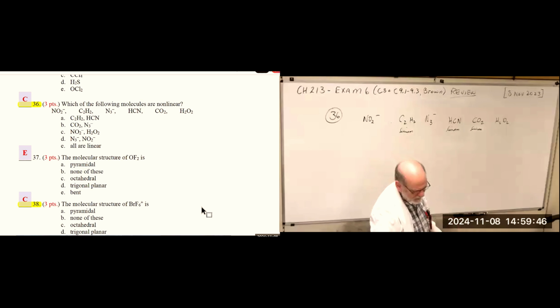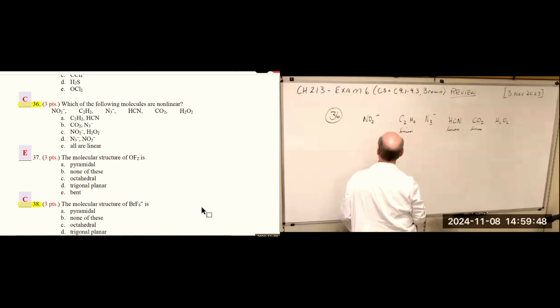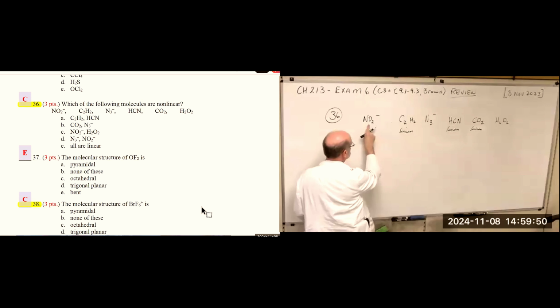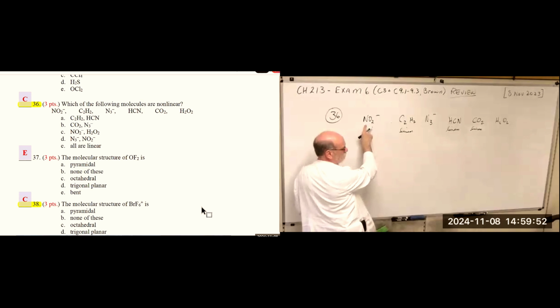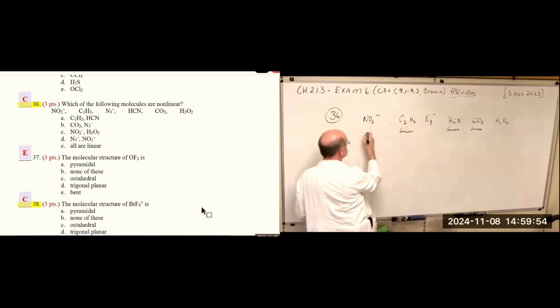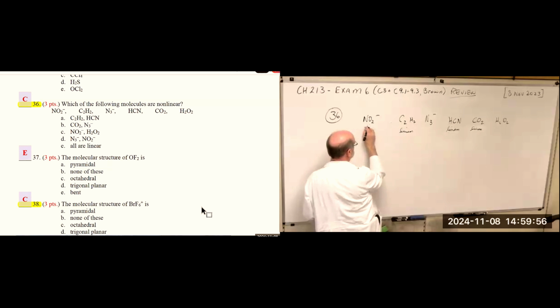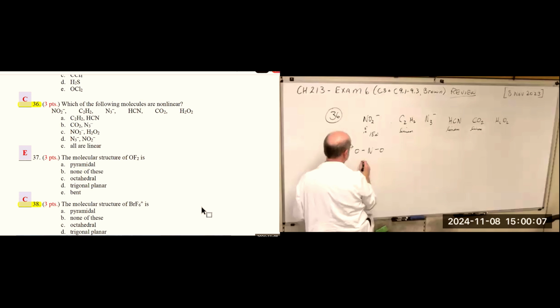The question was non-linear, right? We did this one before too, didn't we? 5 plus 12 is 17, 18. Yeah, 18 electrons.